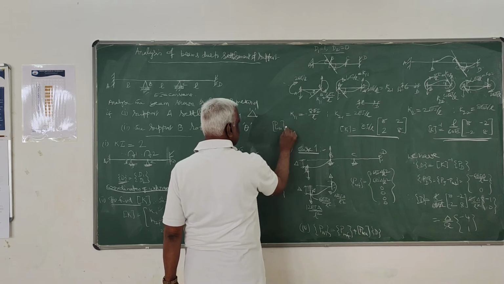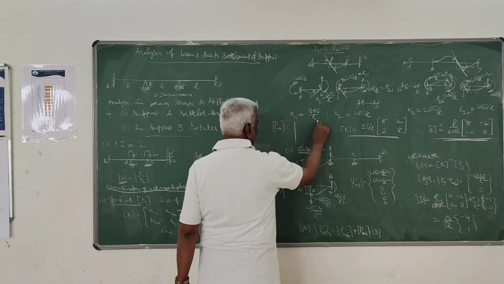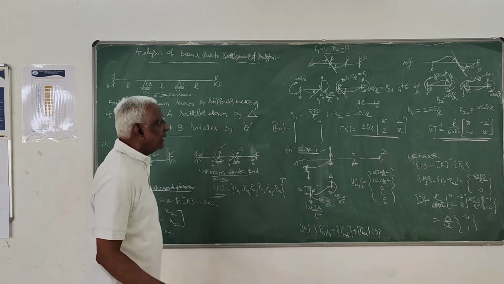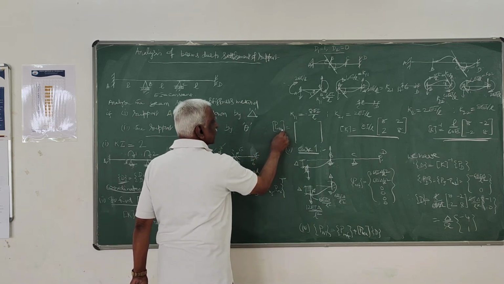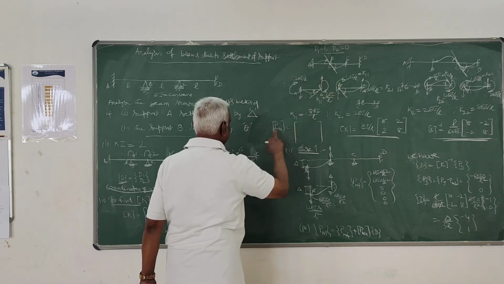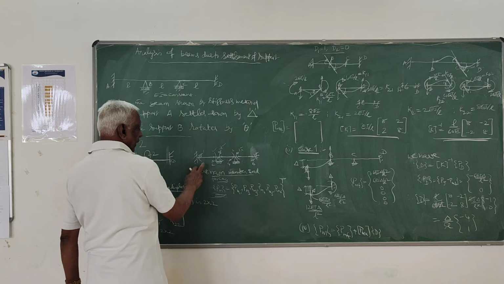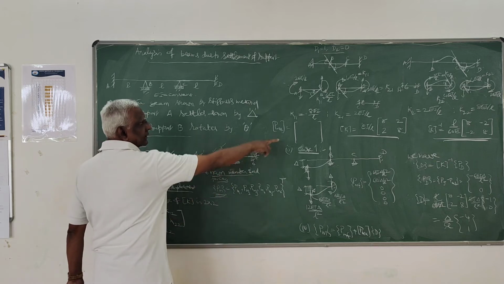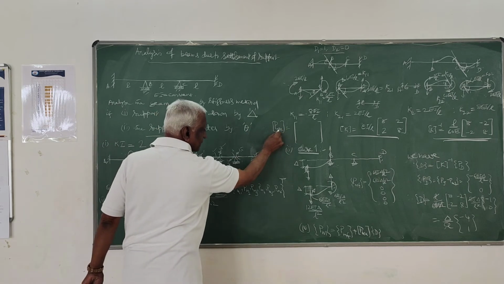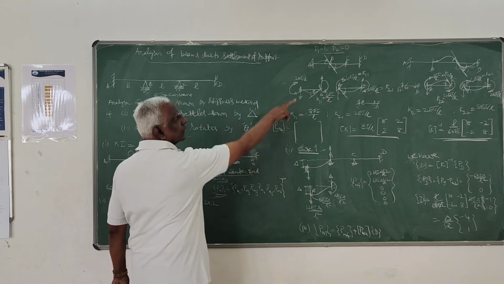So PMU is nothing but as I told you in the previous example, when unit displacement is given along the coordinates 1 and 2 corresponding to kinematic indeterminacy 1 and 2, what are the PMs generated? That is PMs generated due to unit displacement.